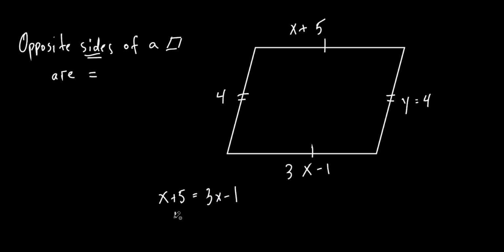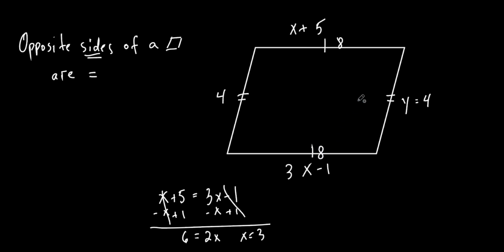Add a 1 to both sides, right? And then minus X from both sides. So that cancels. What's that? 6 equals what? 2X, right? That cancels. What's X equal to? 3. How do I find the length of that side? Just 3 plus 5. So what's the length of that side? That's 8. What's this one without doing any math at all? That's 8. You get it?